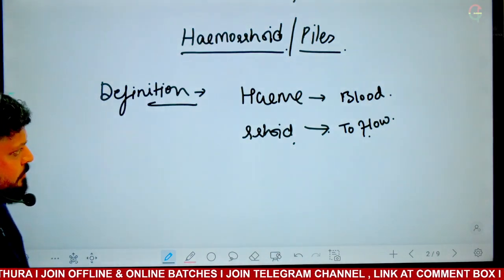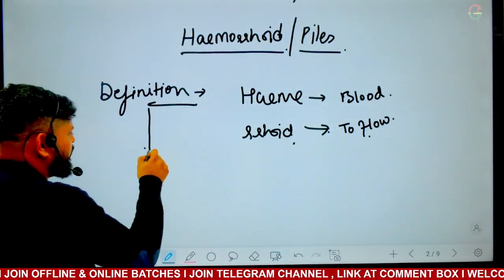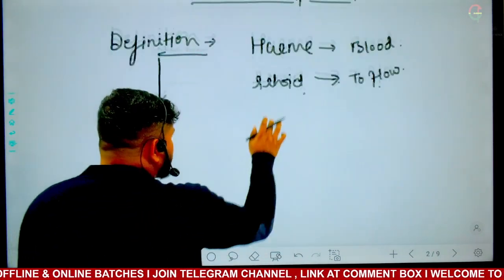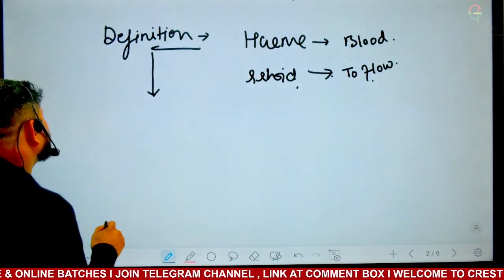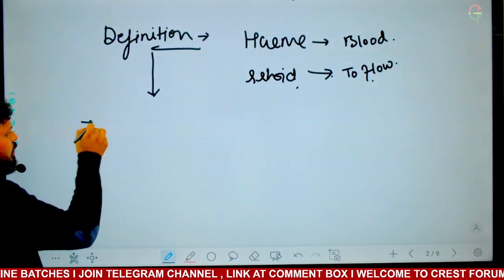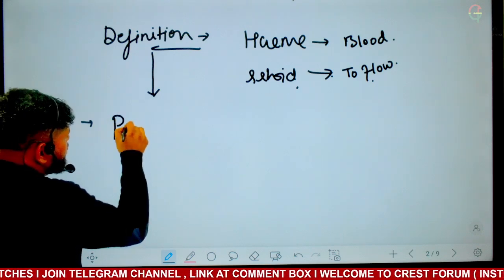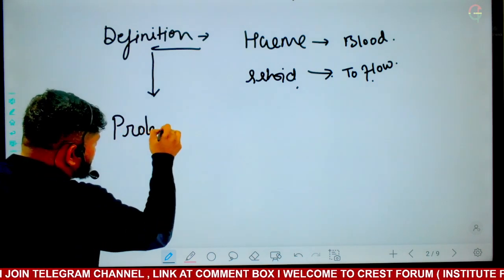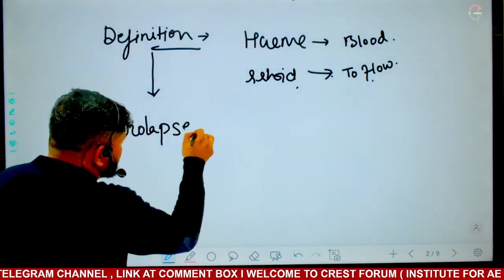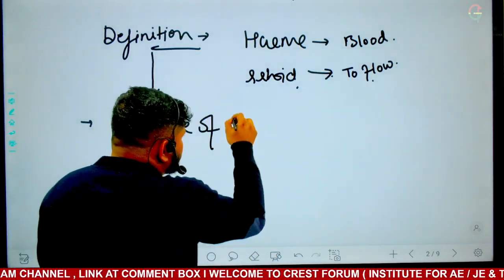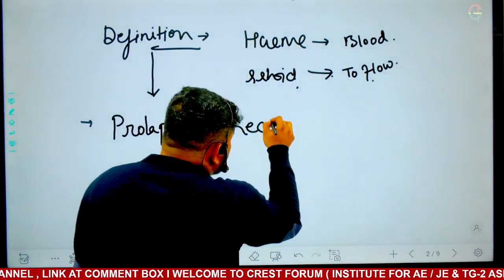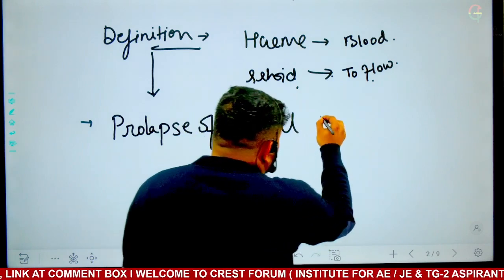Now we will talk about the definition. What is the definition of hemorrhoids? Prolapse of rectal cushion.